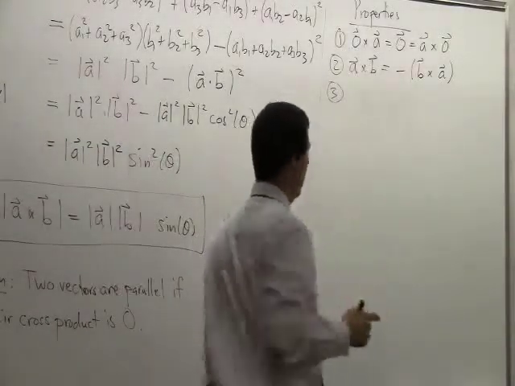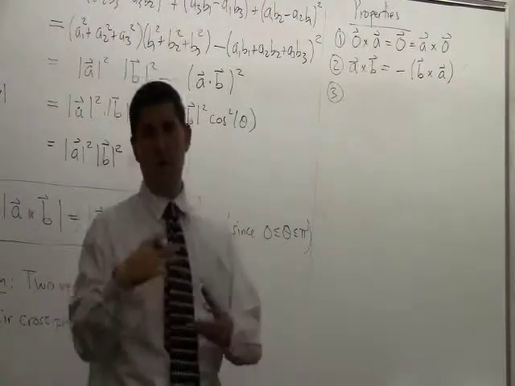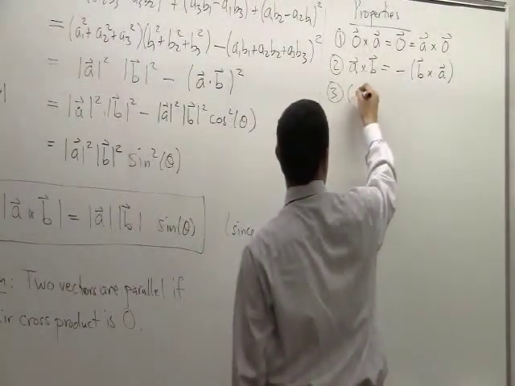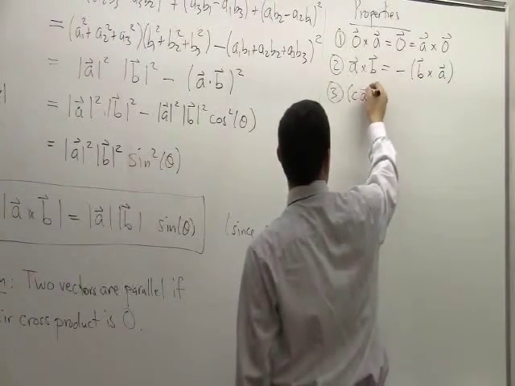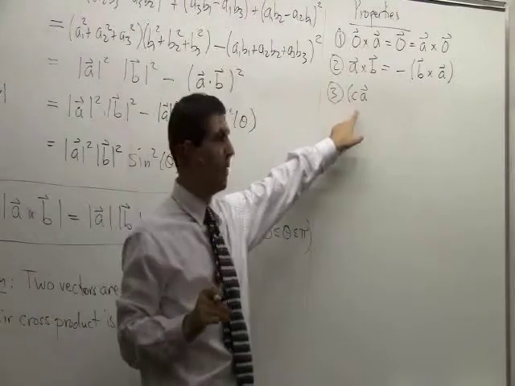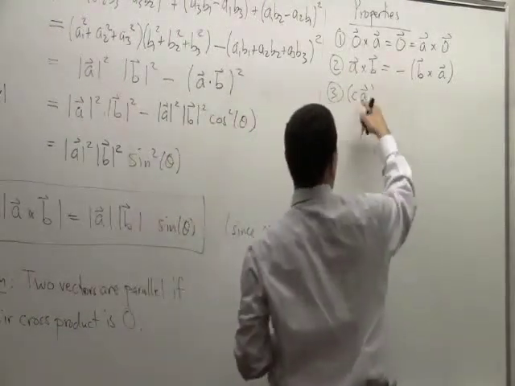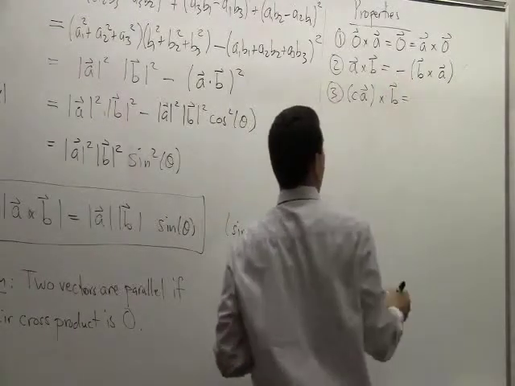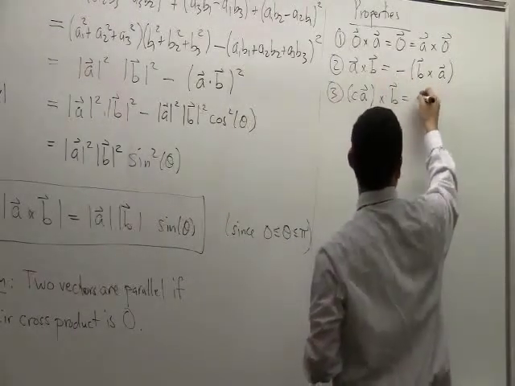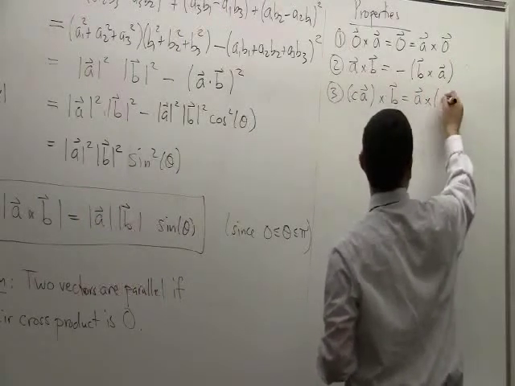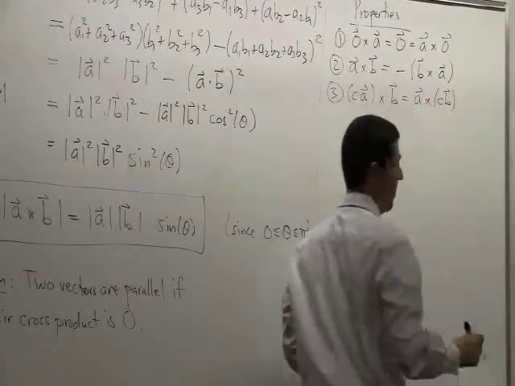The next one is quite nice. It's somehow a linearity property. It says that if I multiply my vector by a constant, so here C is not a vector, this is just a number. So if I multiply A by C, and then take the cross product, this is the same thing as if I had first multiplied B by C and taken the cross product.